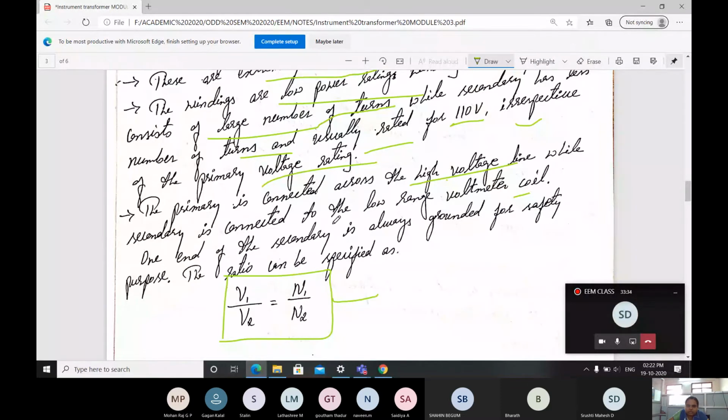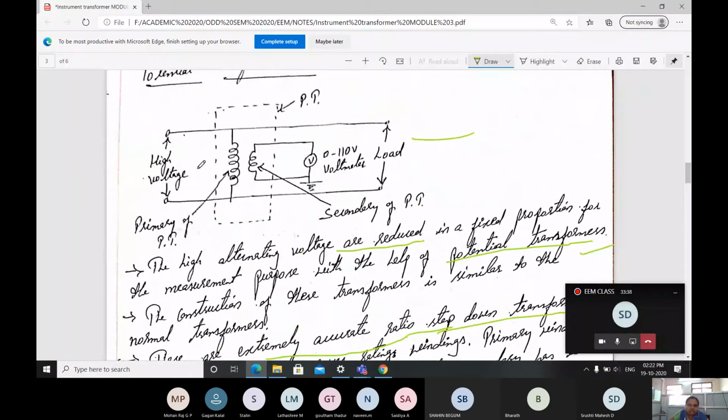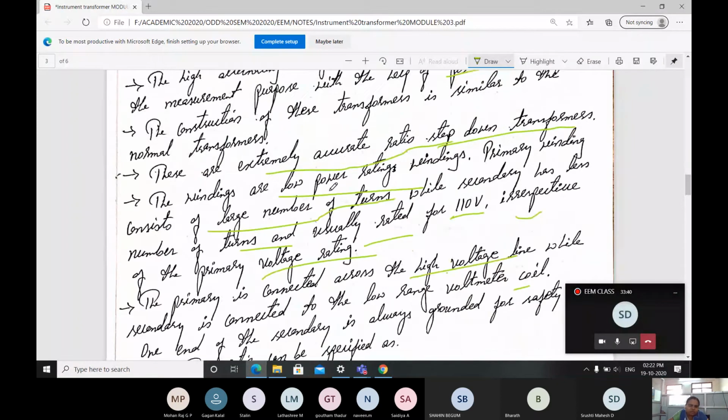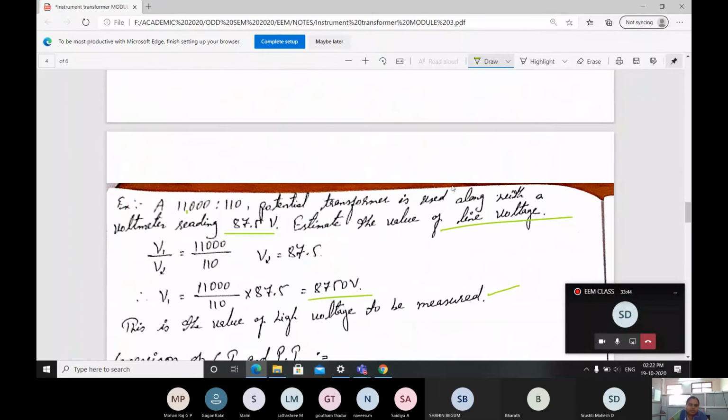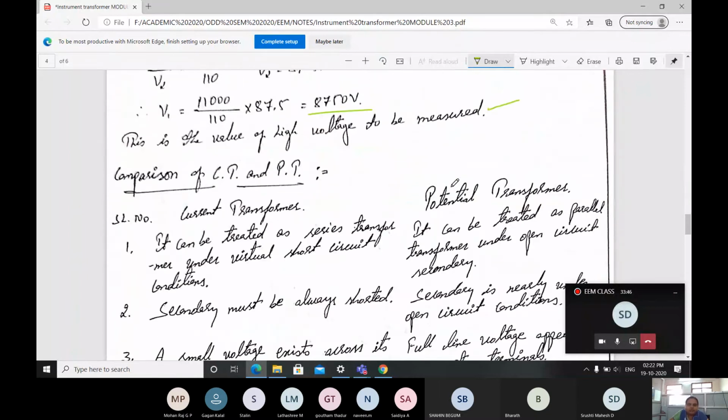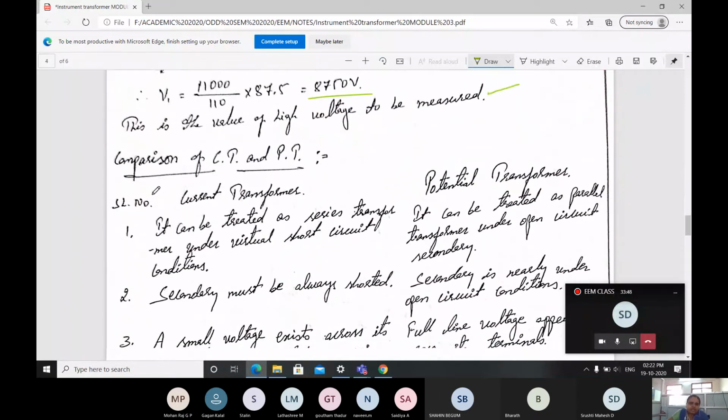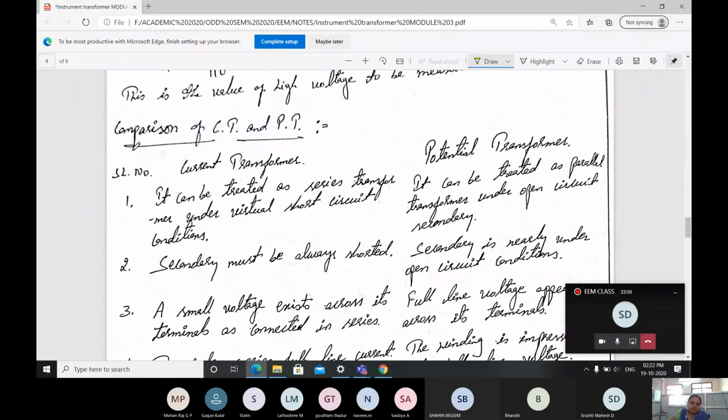Then how a voltage is connected across the primary and also for the secondary you have to mention. Then write the ratio equation. Okay, this is about your PT. Then comparison between CT and PT, and this is very important. It will ask for 8 marks or else 6 marks.